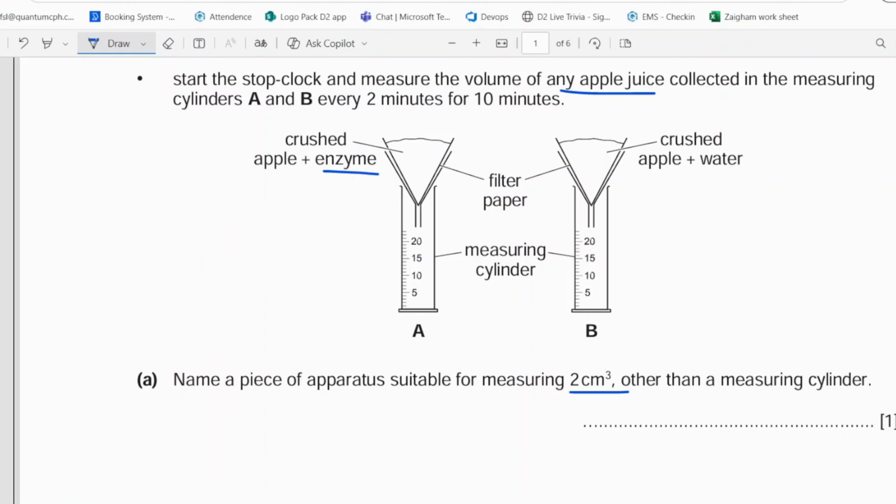Okay. So name an apparatus suitable to measure 2 cubic centimeter other than, okay, we don't use this in chemistry, in bio. Hmm. What else?